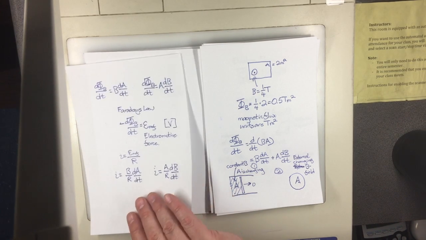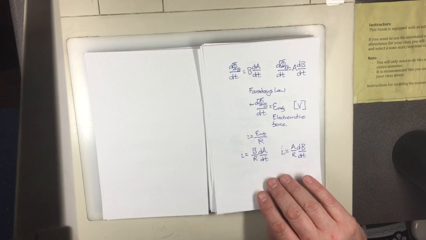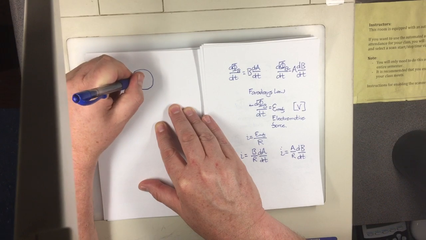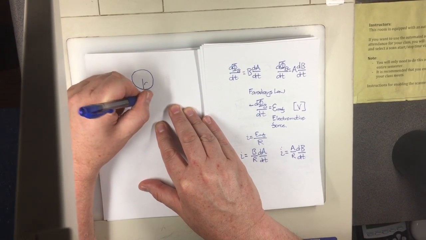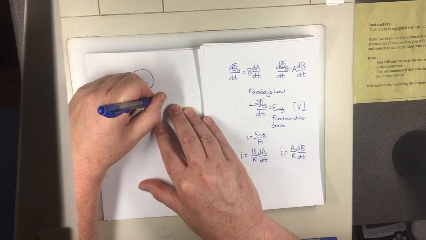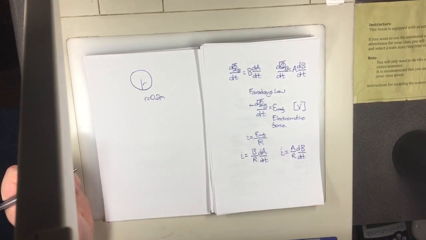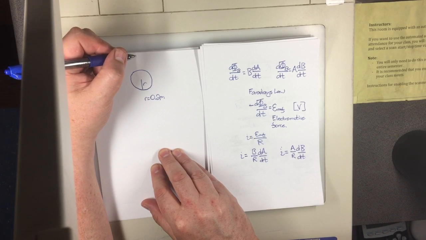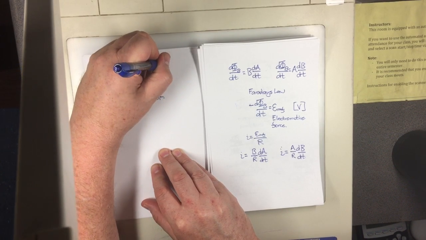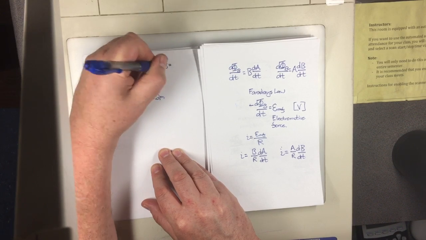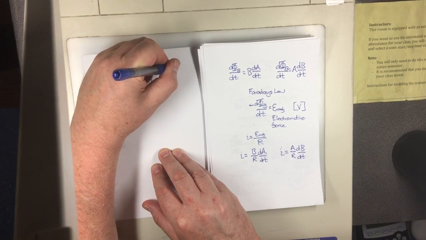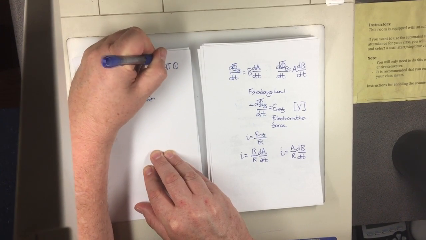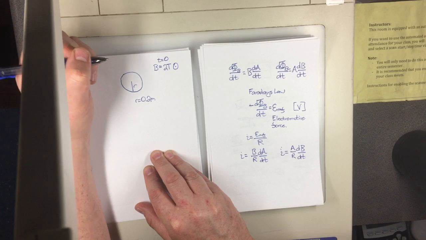The first thing we're going to do is the circle problem. So we have a wire. The radius is 0.2 meters. The B field is 2 Tesla out of the page at time equals 0.